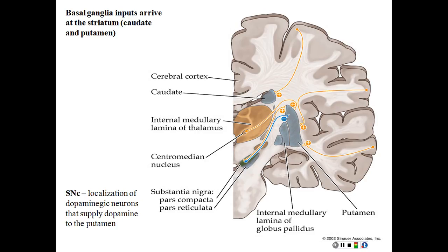We know that it's the substantia nigra compacta, these dopaminergic neurons, that are lost in Parkinson's disease. What kills them? We have no idea. That they die? Absolutely.